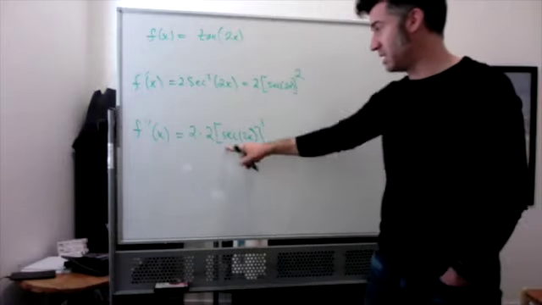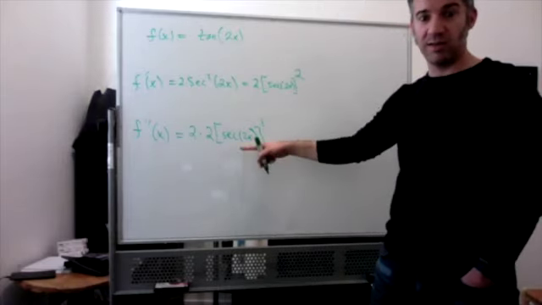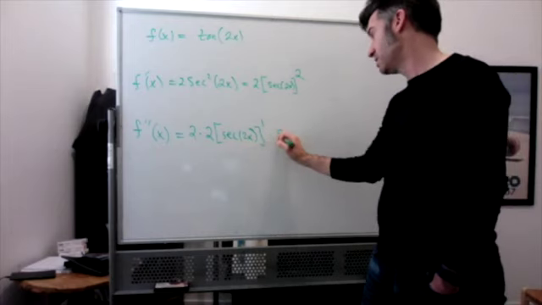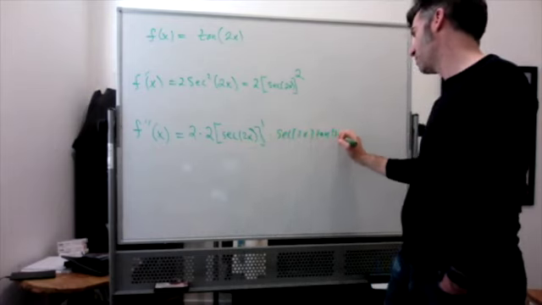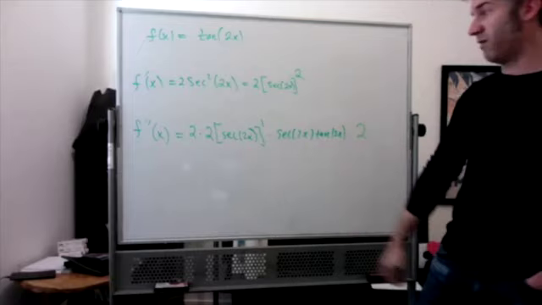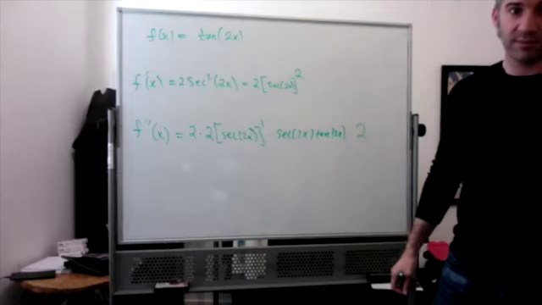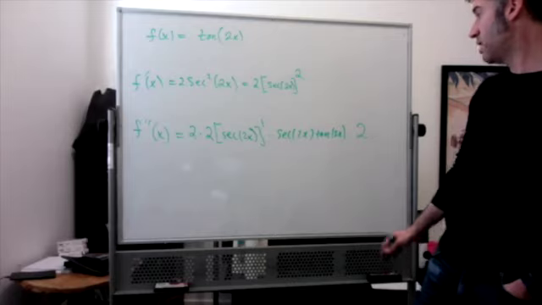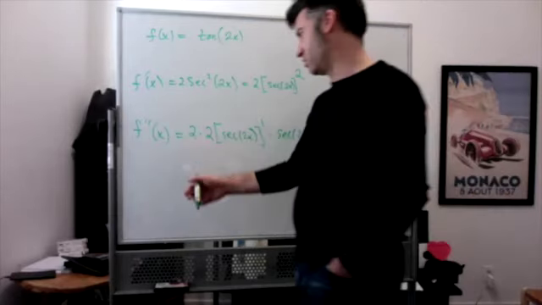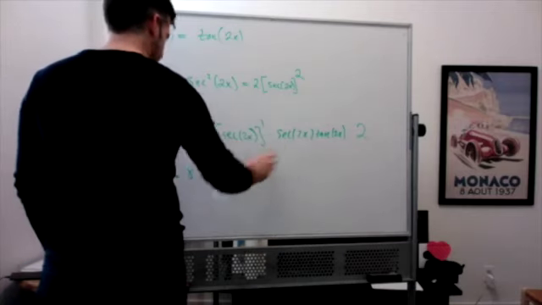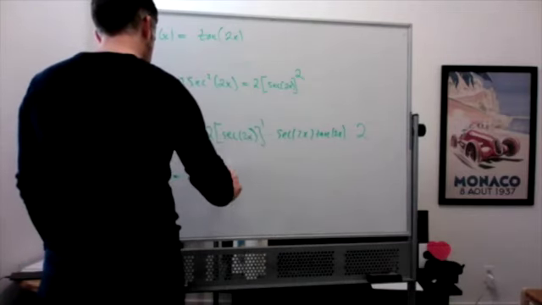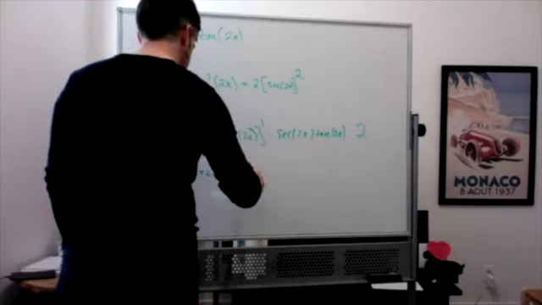And the derivative of secant of 2x, well, the derivative of secant of some new stuff is secant of your new stuff, tangent of your new stuff, times the derivative of your new stuff. So simplifying this, I've got 2 times 2 times 2, which is 8. I've got 8 times secant squared of 2x times tangent of 2x.